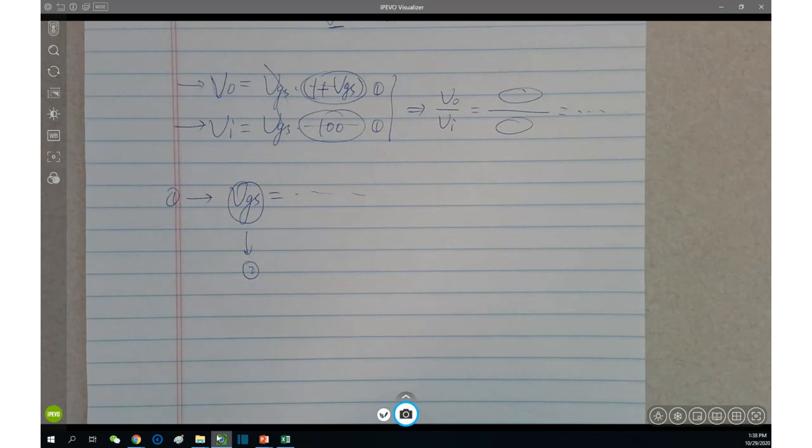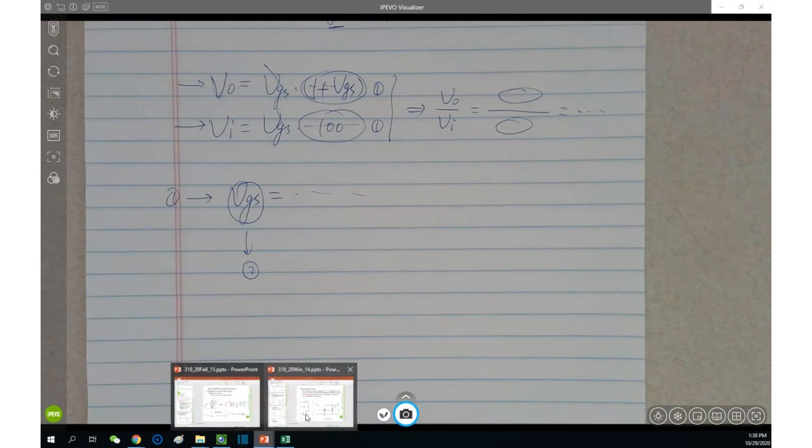This is basic algebra. I believe all of you know how to do it, but the idea you need to keep in mind is that you derive the VGS from one equation and substitute it into another equation. Then the VGS is gone, only V naught and Vi are left in the equation, and from there you can find the ratio between them. This is how you conduct this algebra.